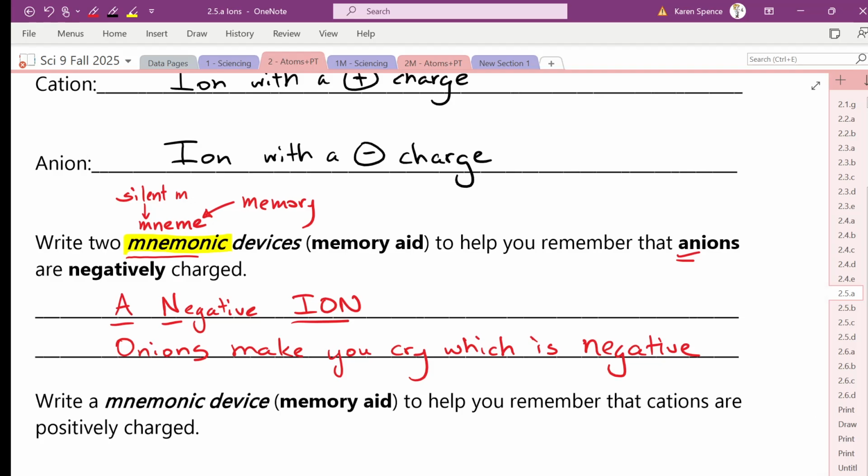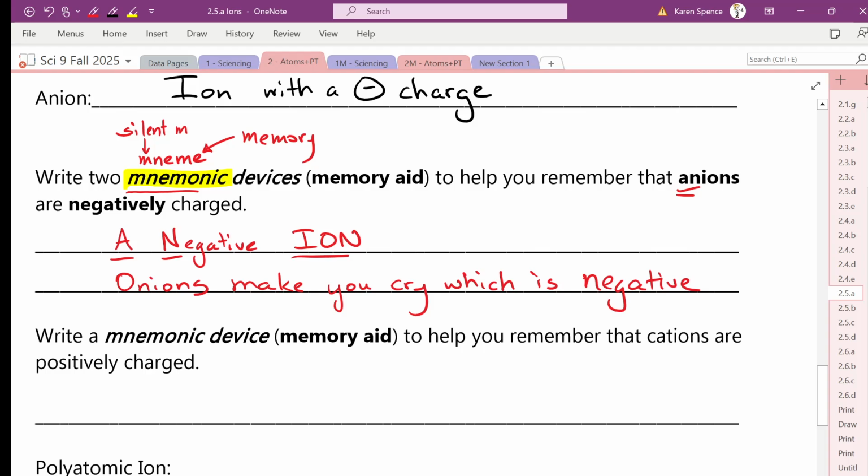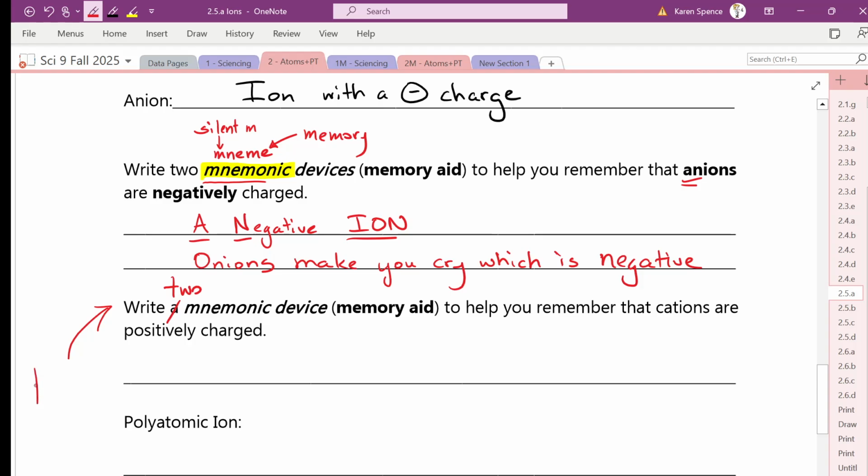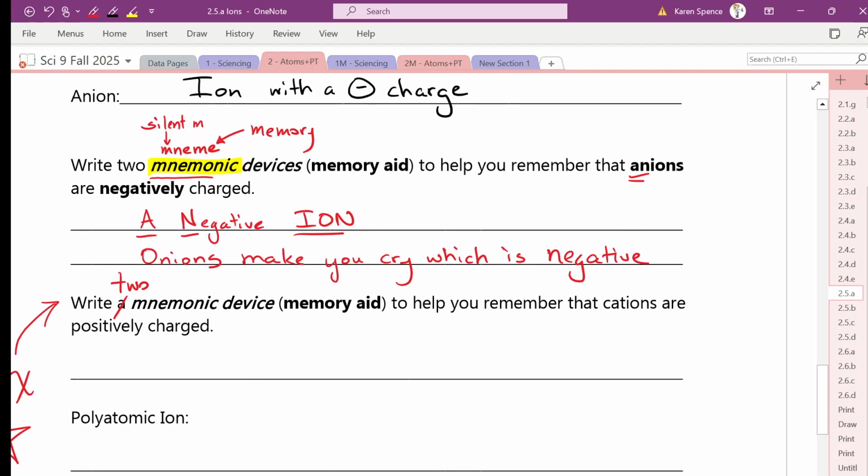And then if you got your 2 negative ones, you can write, actually it says only 1, but you can write 2 mnemonic devices to help you remember that cations are positive.